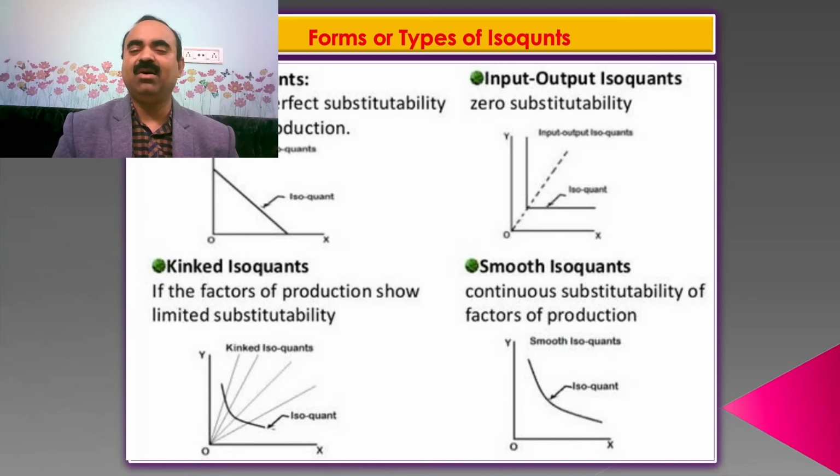We can observe L-shaped curve in this figure. Third figure relates to kinked isoquants. If the factors of production show limited substitutability, we get this kind of isoquants. The fourth figure relates to smooth isoquants, which is showing continuous substitutability of factors of production.